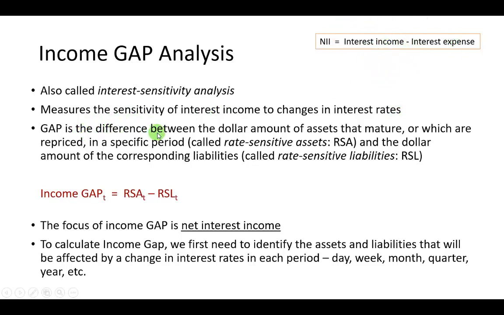Gap is the difference between the dollar amount of assets that mature or are repriced within a specific period. These are called rate sensitive assets, and the dollar amount of the corresponding liabilities, which are called rate sensitive liabilities. So here you see the definition for income gap.